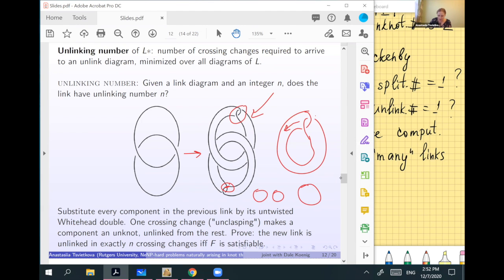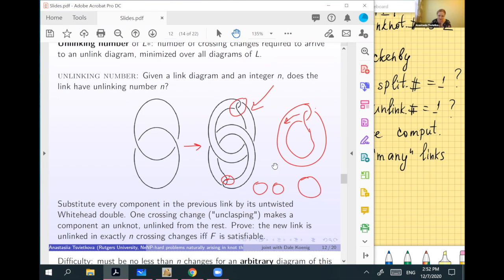And we have to prove that the new link, where I took the previous link with all those Perunian components and hop links and substituted everything by Whitehead doubles, is unlinked in exactly n crossing changes if and only if the formula is satisfiable.